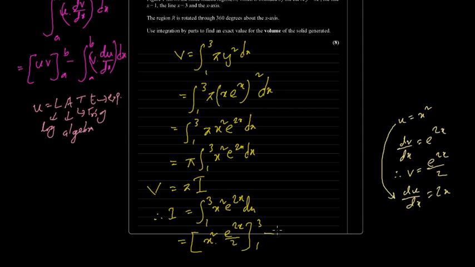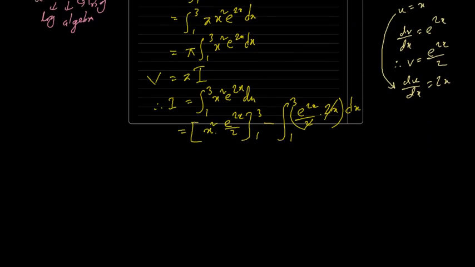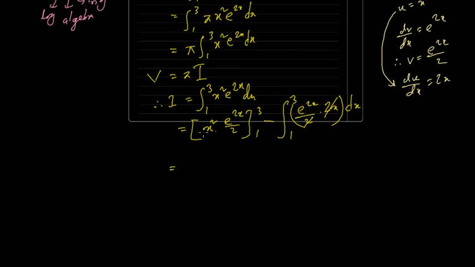Limit is 1 to 3, minus limit 1 to 3. Then v is going to be e to the power 2x by 2, and the derivative of u is twice x, so put it in a bracket, dx. We can cancel this 2 and 2. So let's simplify this. This is going to be 3 squared into e to the power 2 into 3 is 6, by 2, minus 1 squared e to the power 2 into 1 is 2, by 2.